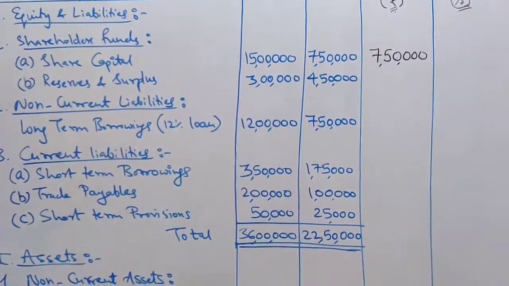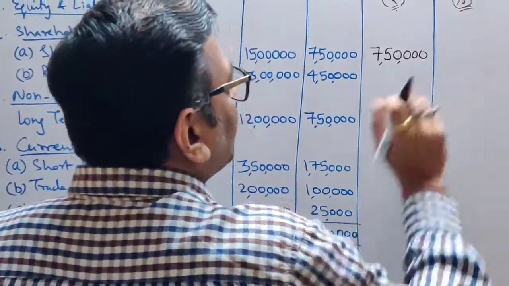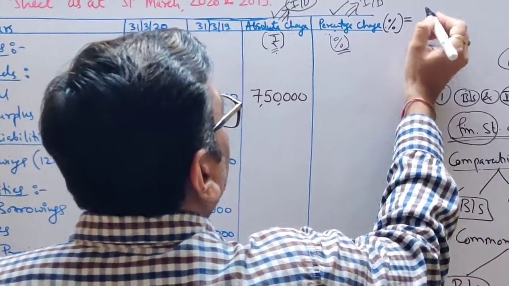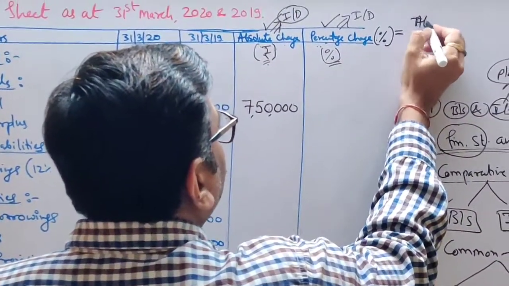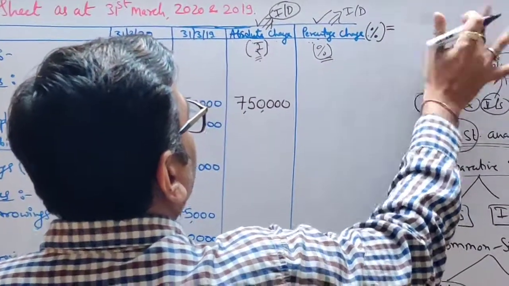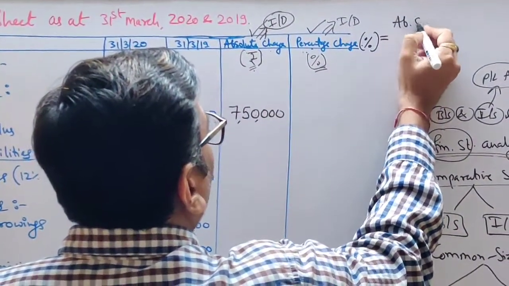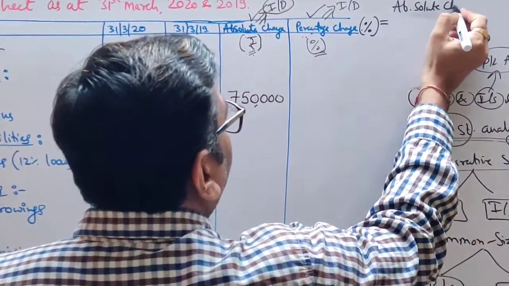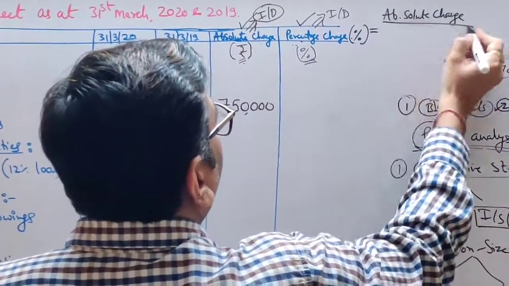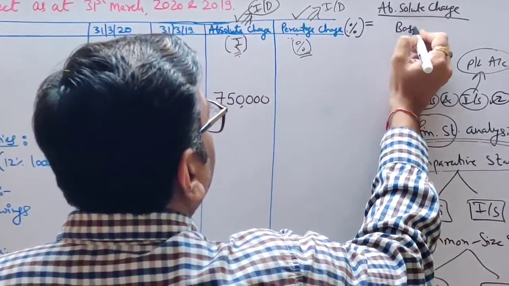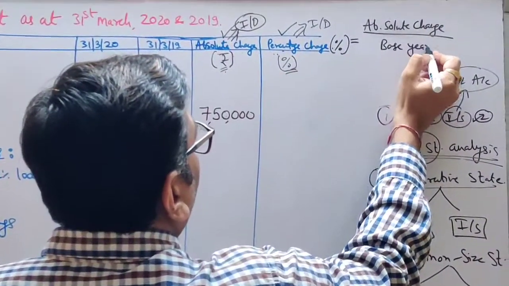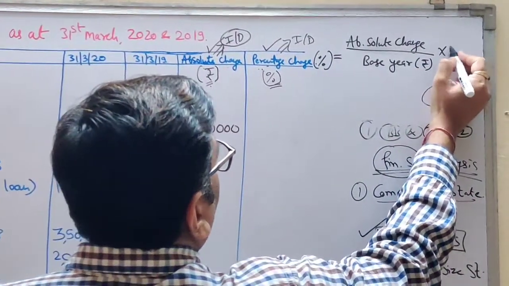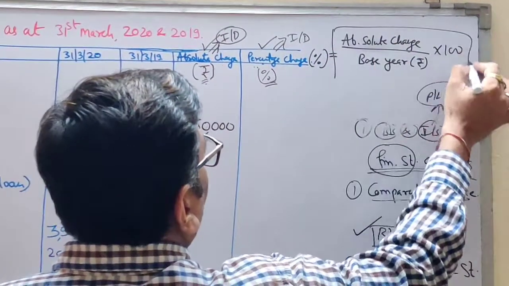Am I clear? Now, how to find percentage, students? So I am giving a formula. To find percentage, the formula is absolute change divided by base year rupees into 100. Now this is your formula.